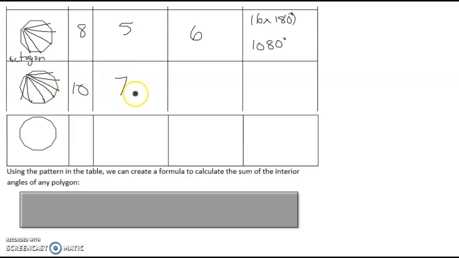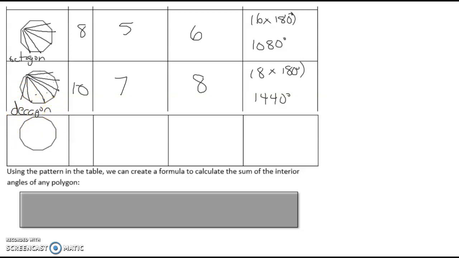So I did 7 lines, and that means I have 8 triangles. So 8 times 180 degrees for each triangle gives me 1,440 degrees. Use your calculators to make sure that I'm doing this right, okay? And this was called a decagon. 10 sides is a decagon.